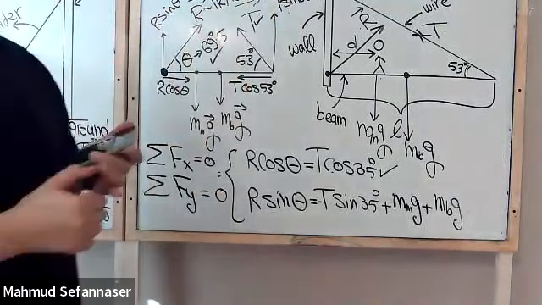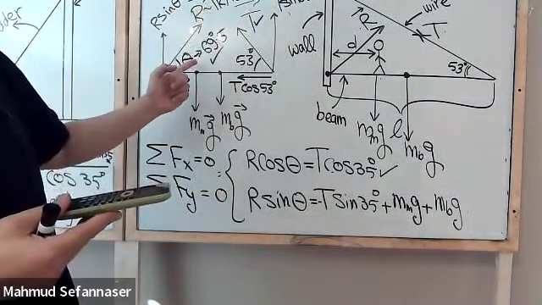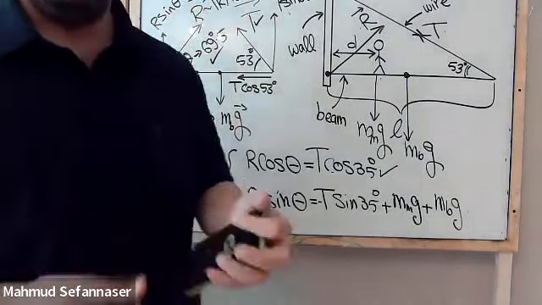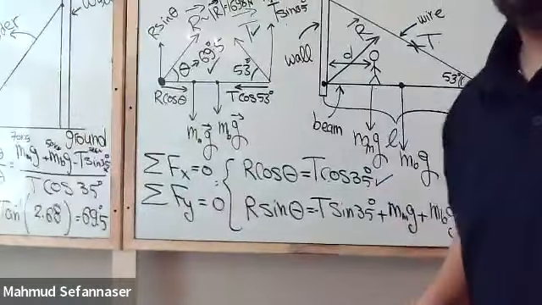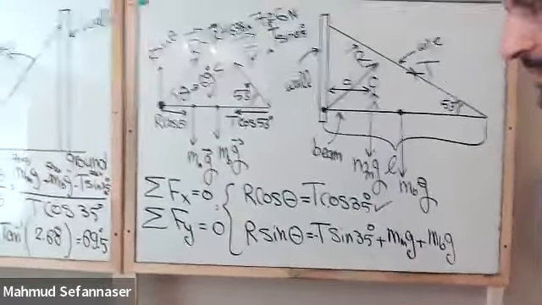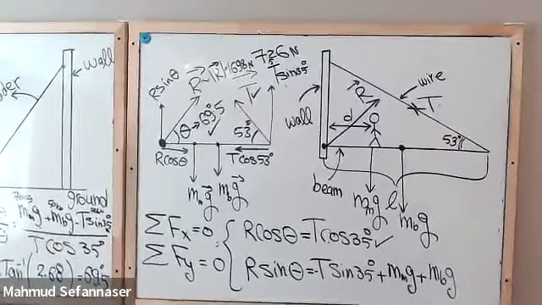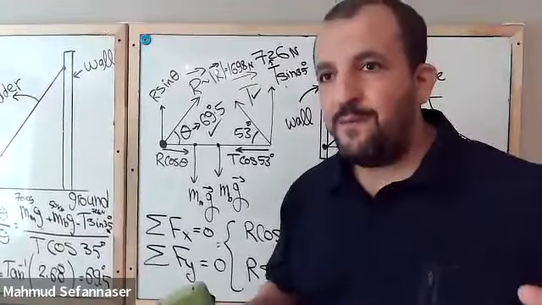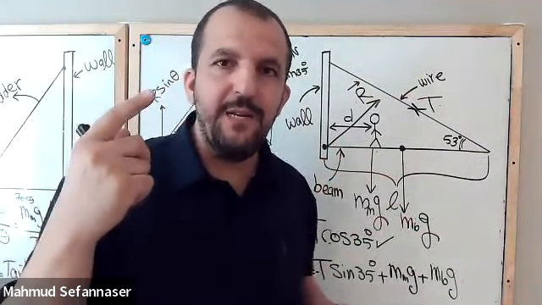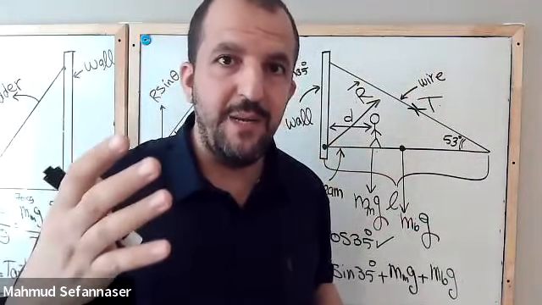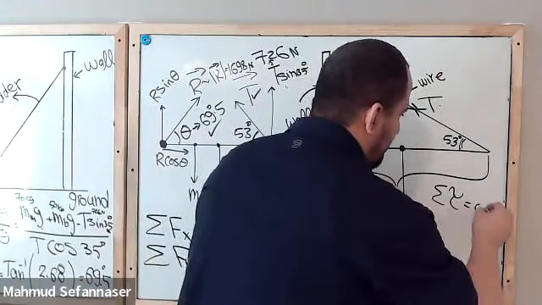So now we know R, we know T, and also we know this angle. So now let's give you a conclusion, guys. Maybe I need to go a little bit on this side so we can see everything. If you have a problem like this, the first idea that you should have in your mind is summation over tau is equal to 0.